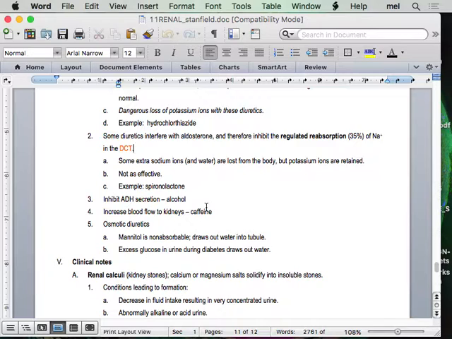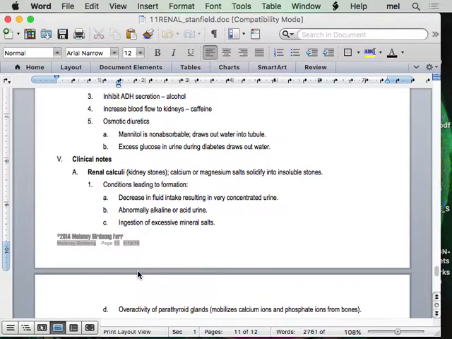So they're called osmotic diuretics because as they go through the tube and don't get reabsorbed, what do they do to water? Same thing that glucose does, right? And so you end up peeing a lot more with those. Not as effective as either of the other two, but safer. I mean, you're not supposed to take tons of them. Bulimic girls have killed themselves because of the loss of ions from using those things. So you're only supposed to use them every once in a while.